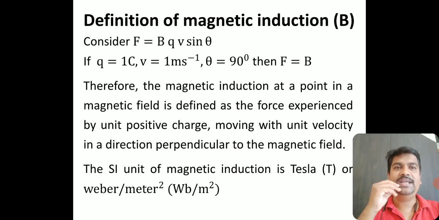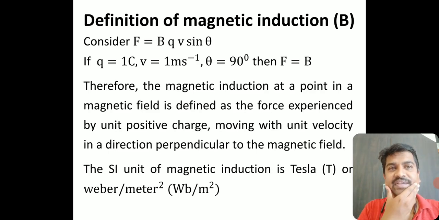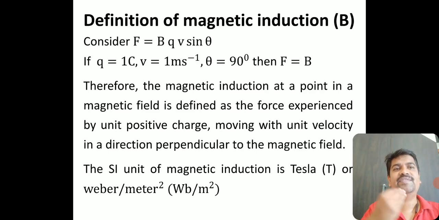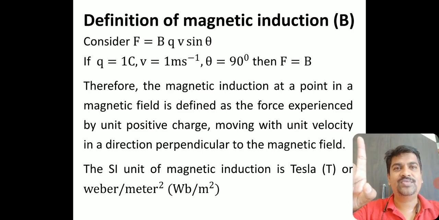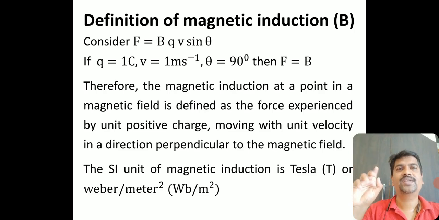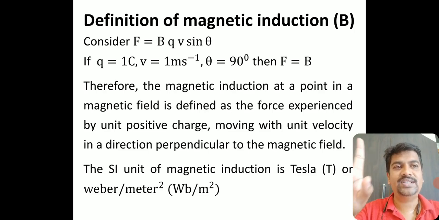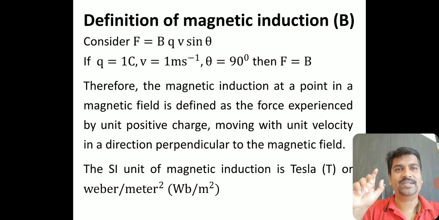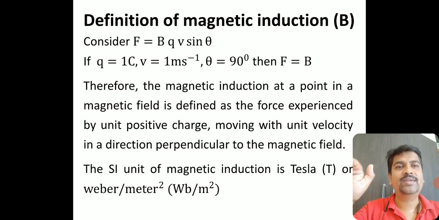I can define B now as the magnetic induction at any point in a magnetic field. Magnetic induction is the force experienced by unit positive charge, q is 1 coulomb, moving with unit velocity, v is 1 meter per second, in a direction perpendicular to the magnetic field, because theta is 90 degrees.